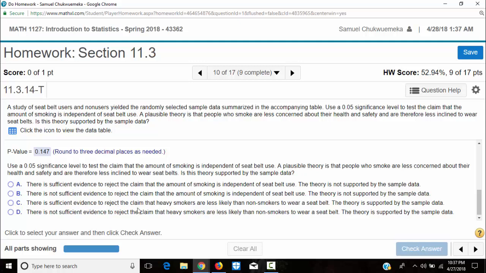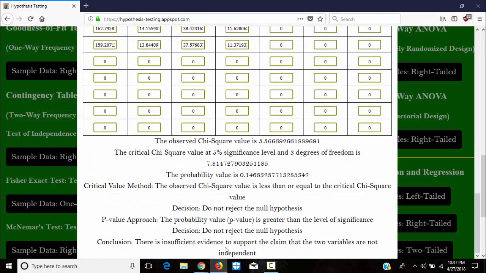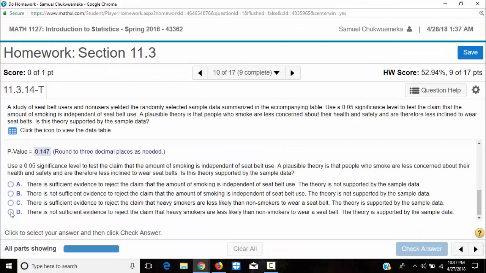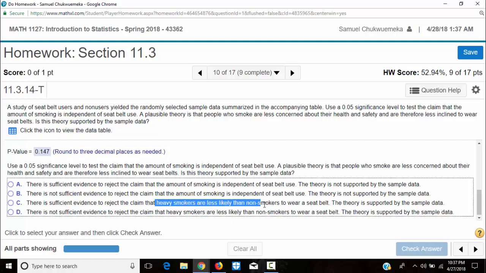There is sufficient evidence to reject the claim that heavy smokers are less likely, but that is not the null and alternative at all. If you look at C and D, that is not the null and alternative, so it's going to be A or B.